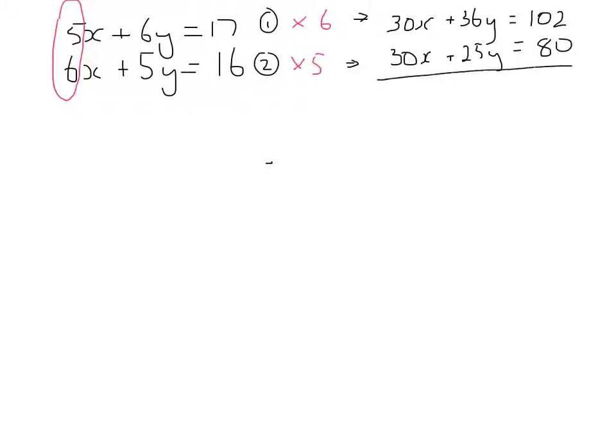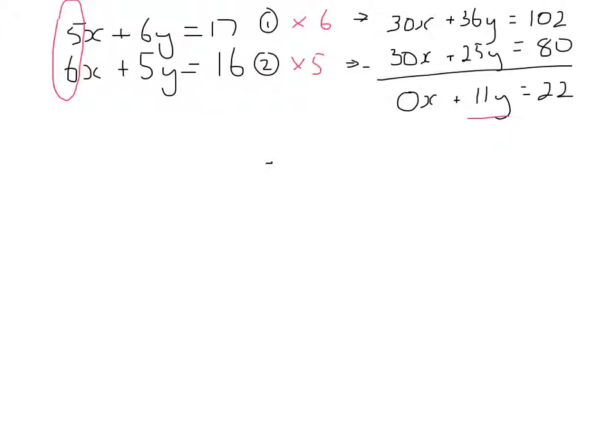What we now want to do is subtract the second line from the first line. So we have 30x, take away 30x is 0x, plus 36y, take away 25y is 11. And 102 take away 80 is 22.